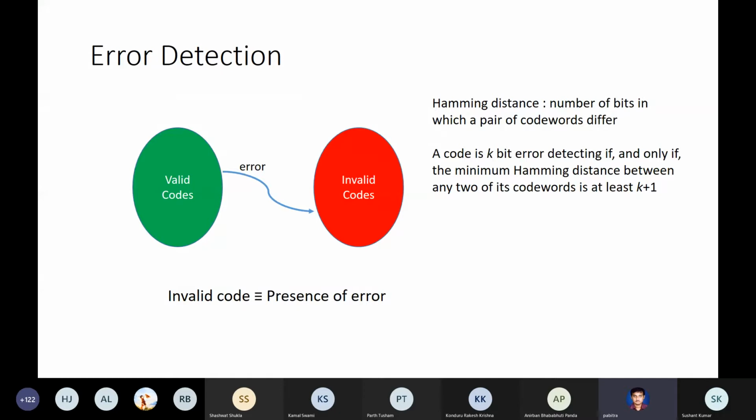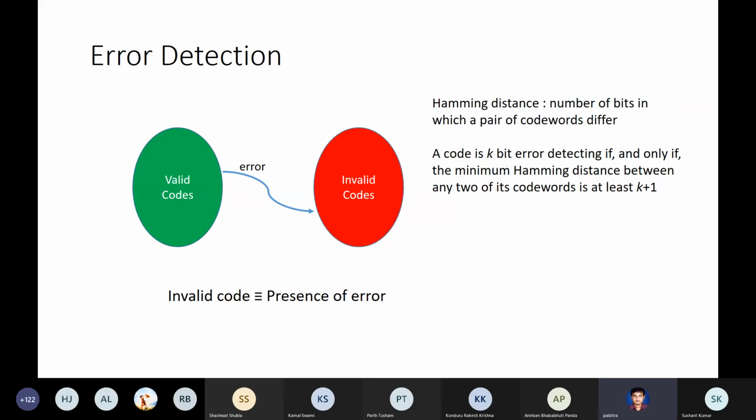And they are designed in such a way that if somehow there is an error, a valid code becomes an invalid code. The moment an error occurs, a valid code no longer stays valid. It becomes an invalid code.